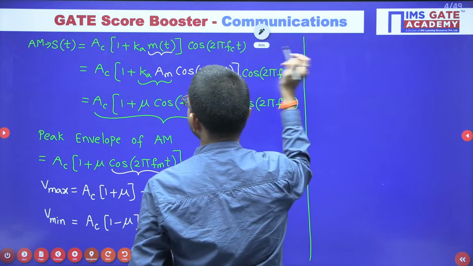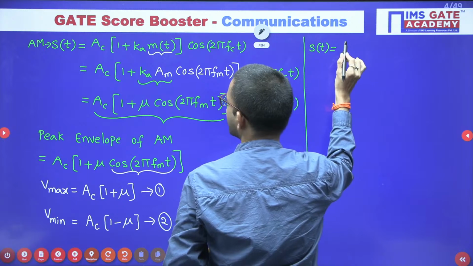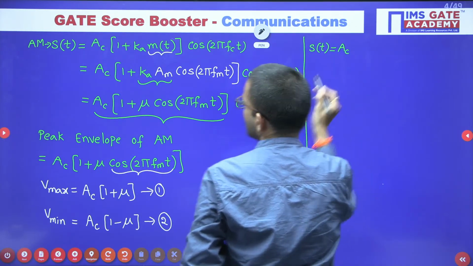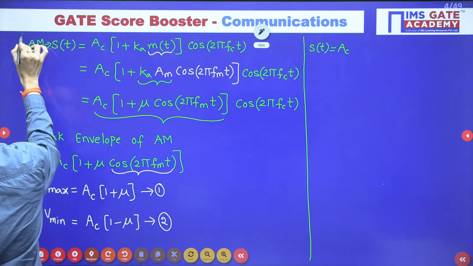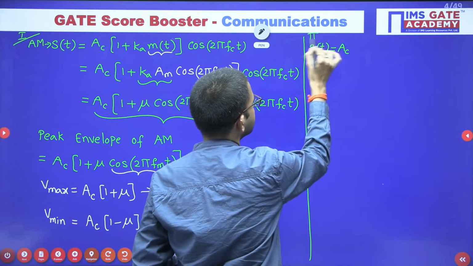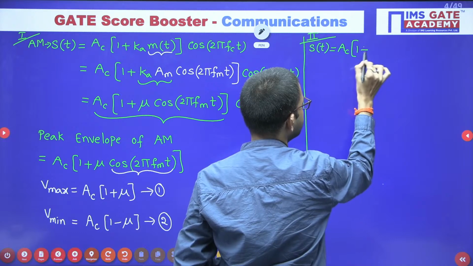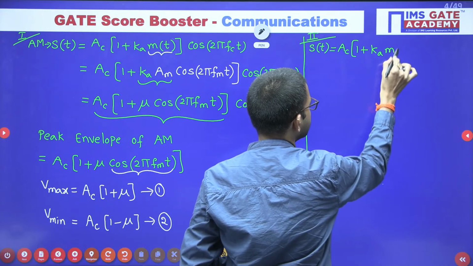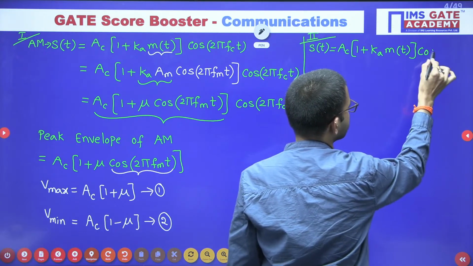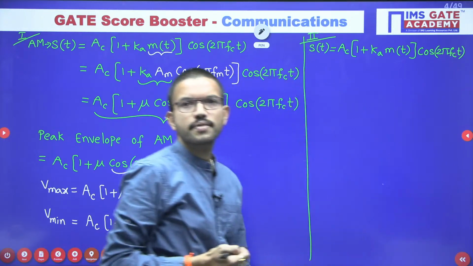You can consider, once again regarding the AM signal, S of t equal to AC into, okay, whatever we have explained here, that is the first approach. Now I am giving the second approach. S of t equal to AC into 1 plus Ka m of t into cos 2 pi f c t.